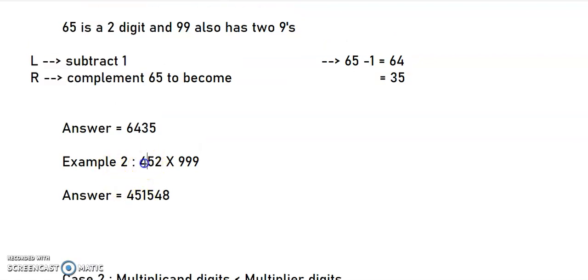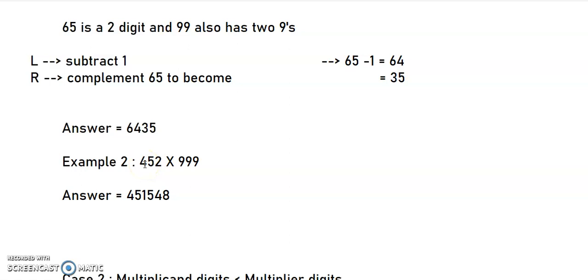See, 452 multiplied by 999. First, 452 minus 1, I am writing 451. The complement of 452 is 548. How are we quickly calculating the complement?